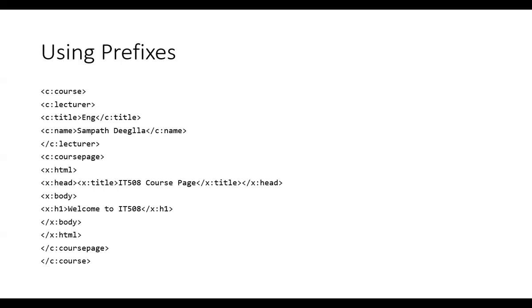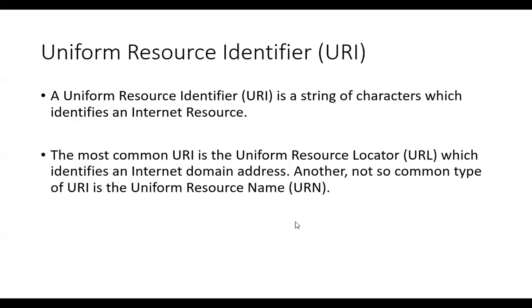Right, let's move on. In this particular case, what we need to explain is the use of a uniform resource identifier, because we need to identify the internet resource.